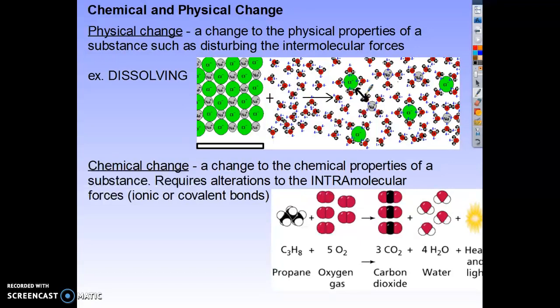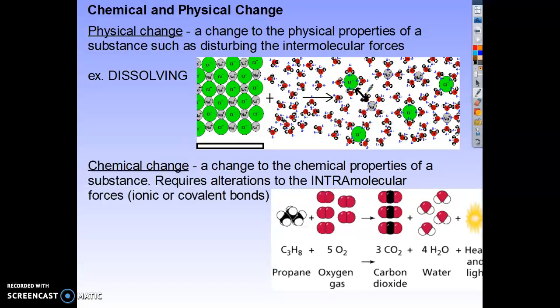Okay, so then when we get to chemical change, this is a bigger change happening because at the molecular level, the bonds that are formed between separate atoms are no longer going to be the same bonds. Now, it doesn't mean that every single bond has to change. It could be just one small change.